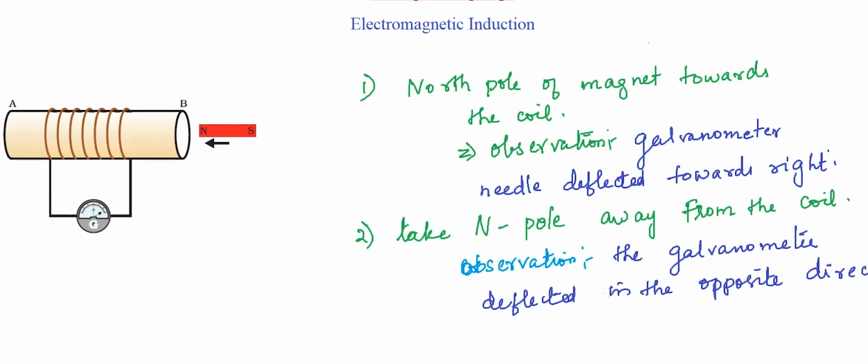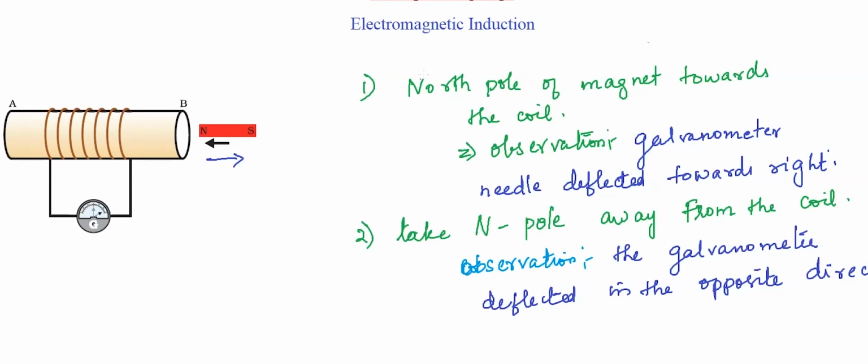This also indicates that a current is flowing, but this time in the opposite direction than the first time. When the north pole was taken away from the coil, the galvanometer deflected in the direction opposite to that of the previous case.